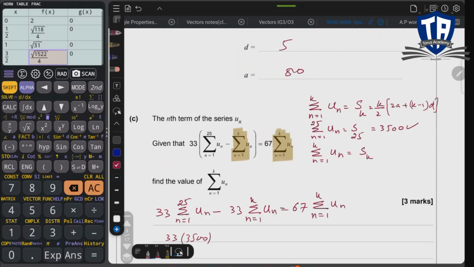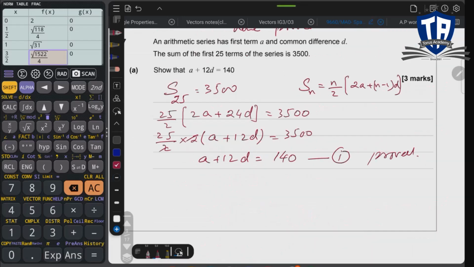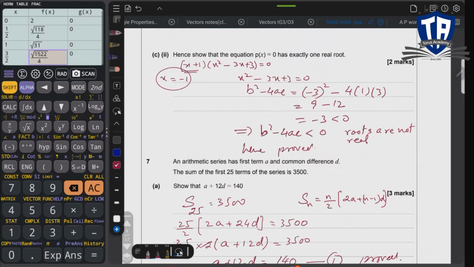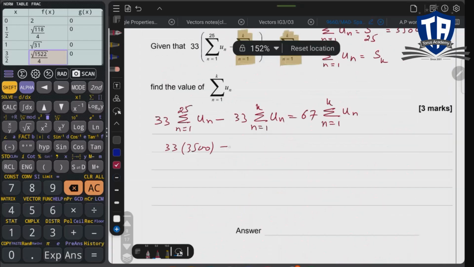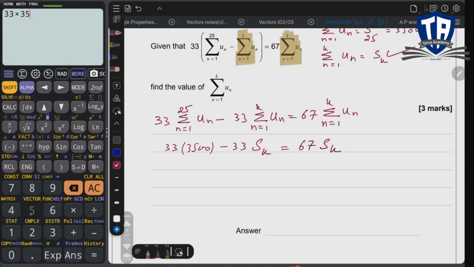Yes, and from here I write Sk 67 and Sk 33 into 3500, which is 115500. 67 Sk plus 33 Sk gives 100 Sk.